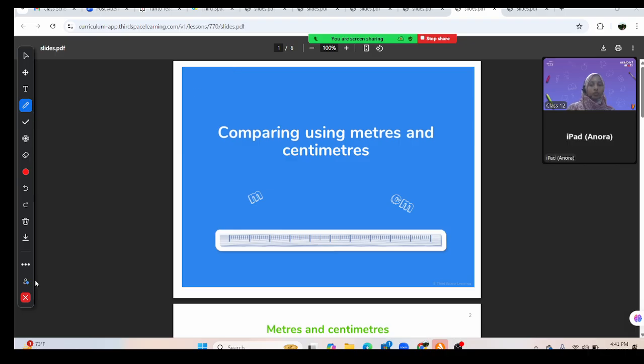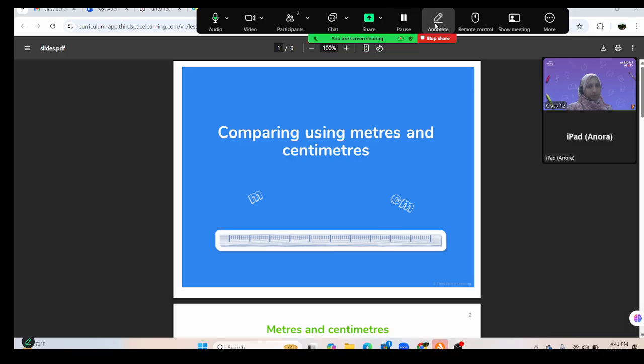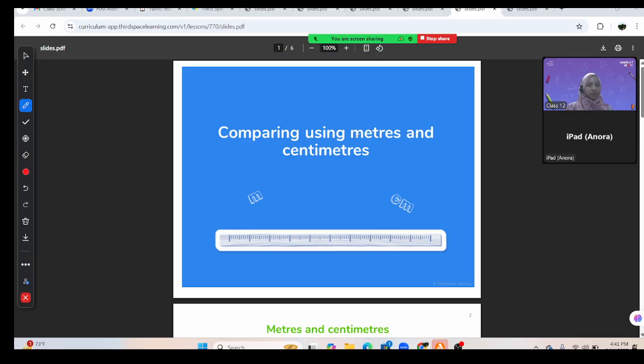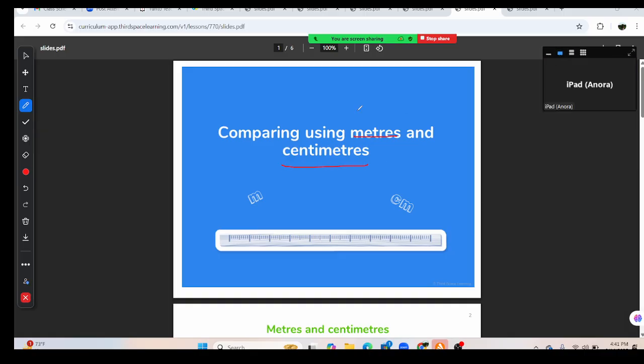To solve this problem, we need units. This problem was overcome by these units like meters, centimeters. How?